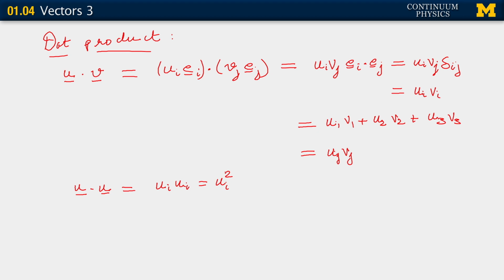Well, if I wrote this as ui square, I would have to explicitly write out the sum because the indices are not repeated there. But that's why I prefer to write it as ui times ui. So this is what it does for the dot product. Let's look at what it does for the cross product, and we will be done with this segment.